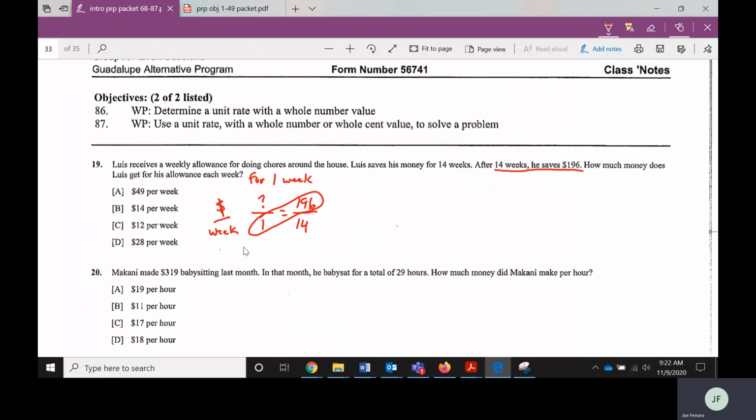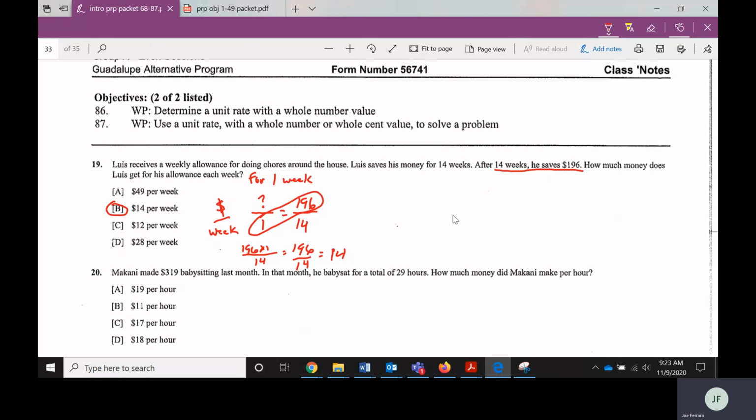We take the diagonal with 2 numbers, so it's 196 times 1, and we divide by the third number. 196 times 1 is just 196, and then we take that divided by 14, and we get 14. So 14 times 14 is 196. If he gets $14 a week for 14 weeks, he ends up with $196.